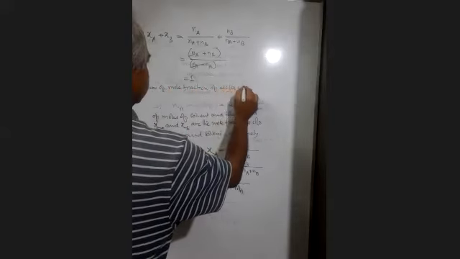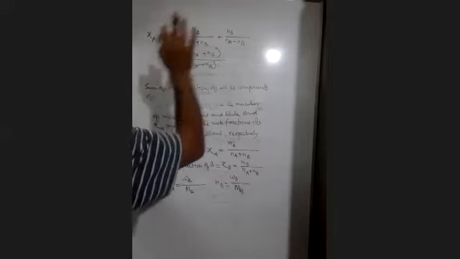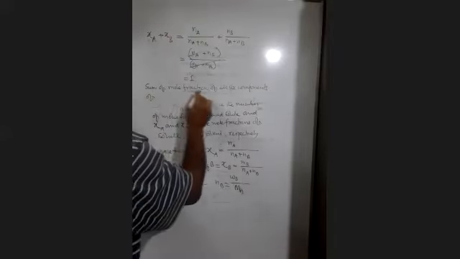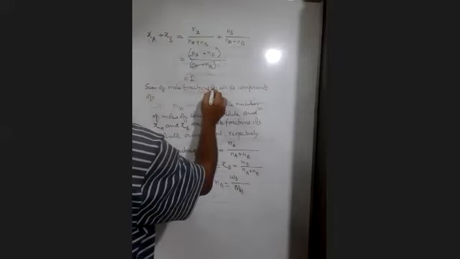Here components I have taken 2, so it is A and B. If you have taken 3, so it will be chi A plus chi B plus chi C. Sum of mole fractions of all the components of a solution is equal to unity or 1. This is extremely helpful for us to know.